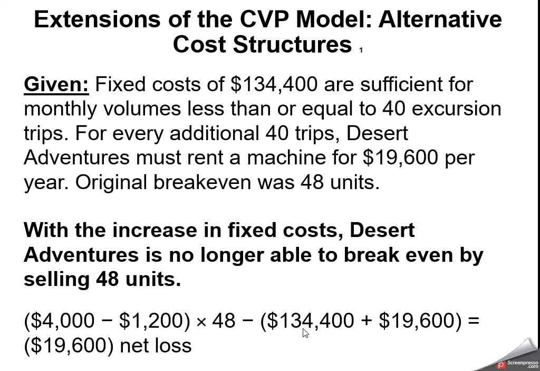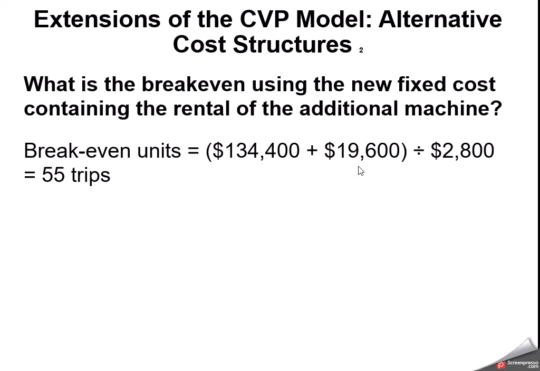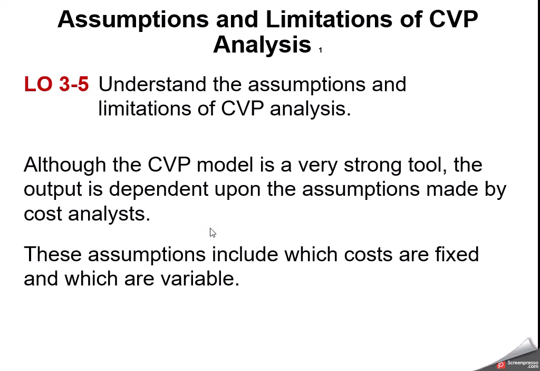So with that increase in fixed costs, they would have to sell more to break even. Because if they only did the 48 units times the unit contribution margin, and now our fixed costs increase, we're going to be losing money. So we have to sell more to cover those additional fixed costs. So now again, our break-even point goes up. We've got to cover the additional fixed costs. So now we have to do 55 trips.